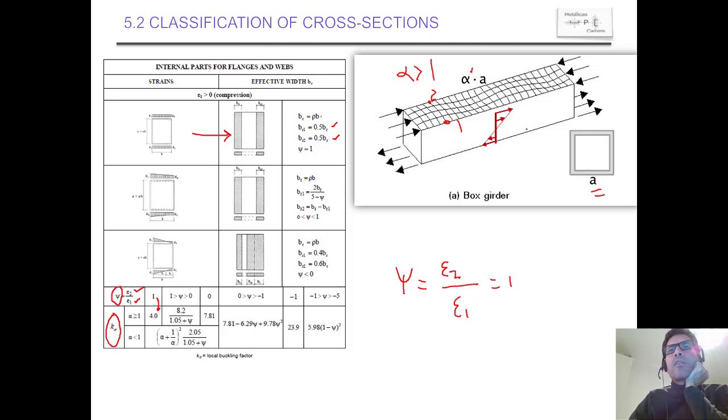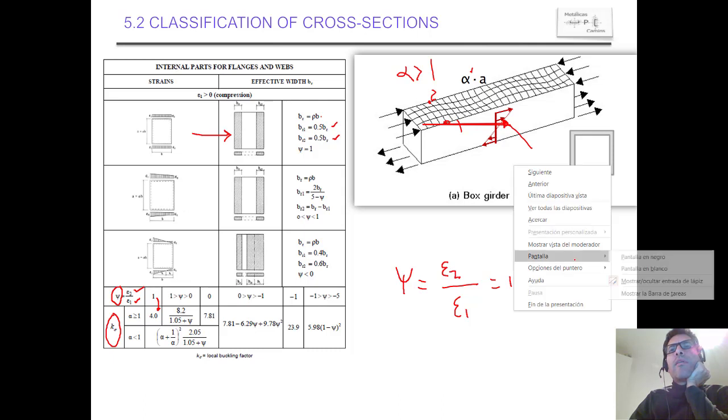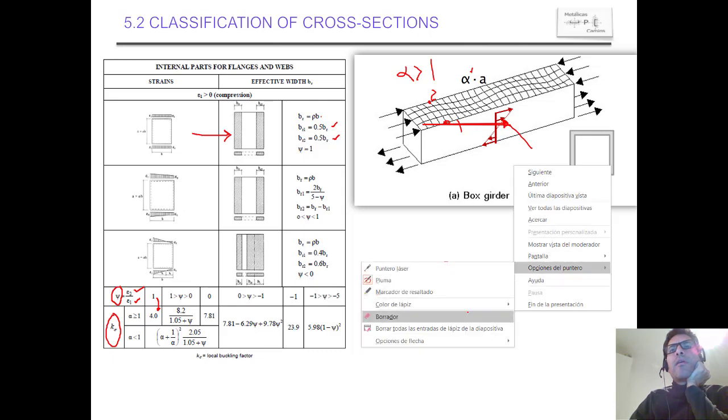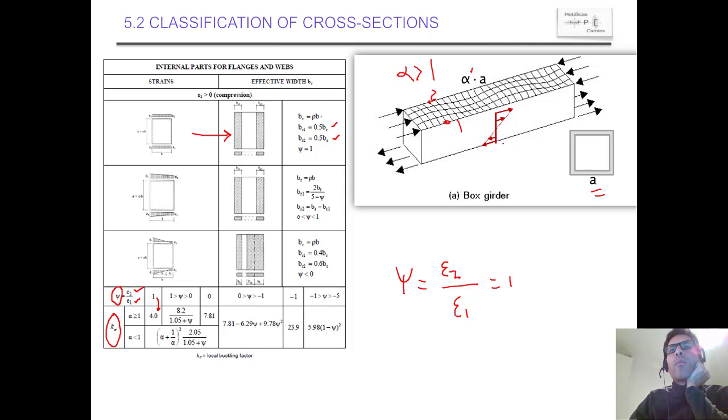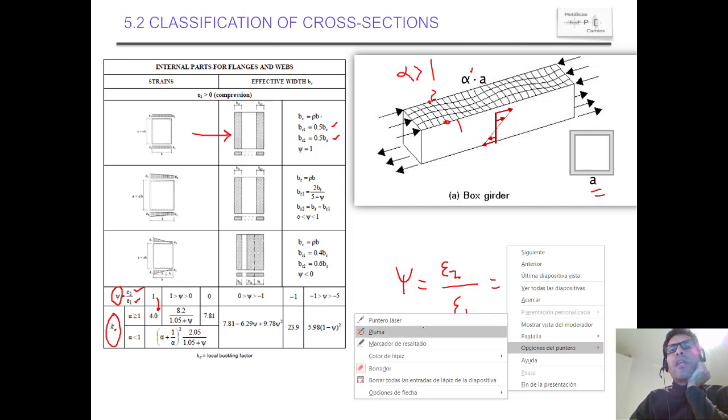We can also define this part. What is happening with the web? The main difference between the web and the flange here is not the nature.